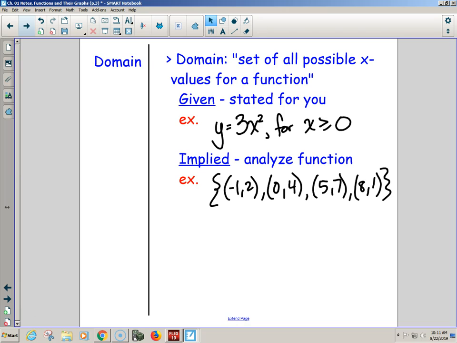It means no less than 5. X is greater than or equal to negative 5, but less than or equal to 5.